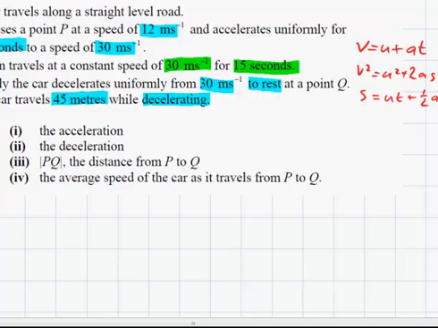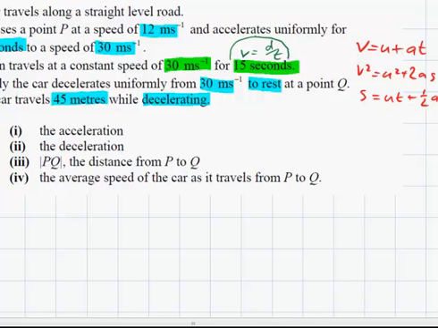We'll number them 1, 2 and 3. Also notice that we've got another section in the journey, this middle section, and in this middle section we're just going to be using velocity is equal to distance over time. So when it's constant velocity you just use the one equation.